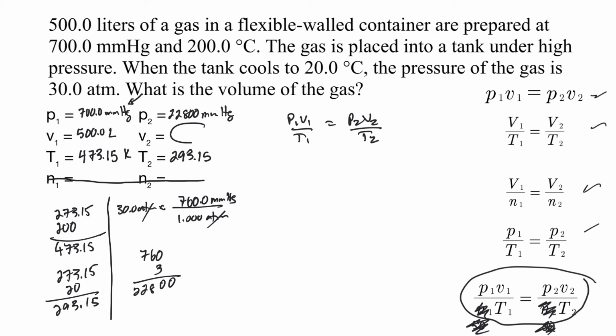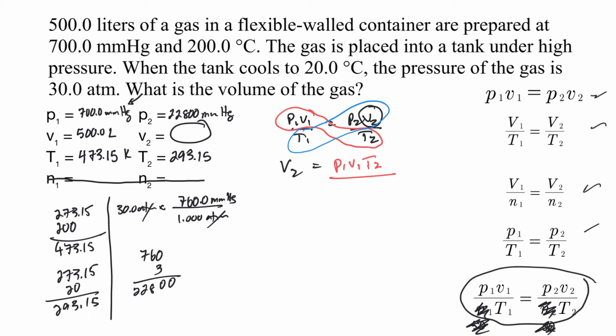And here I'm looking for volume 2, that's right there. So volume 2 is going to be equal to this cross, right there. So P1V1 T2 divided by the other stuff that's in this cross.